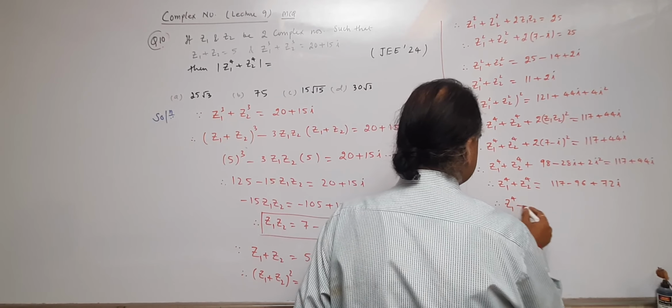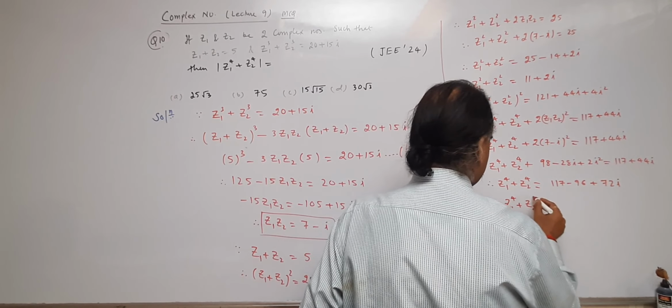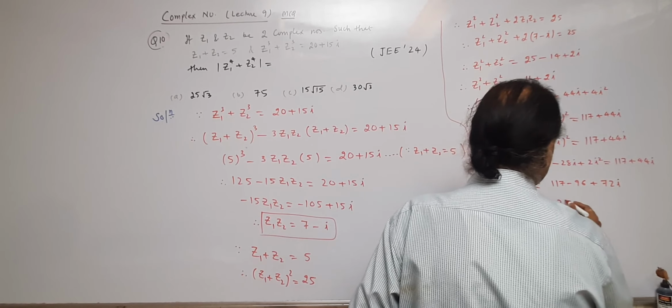Z1 raised to 4 plus Z2 raised to 4 is equal to 21 plus 72i.